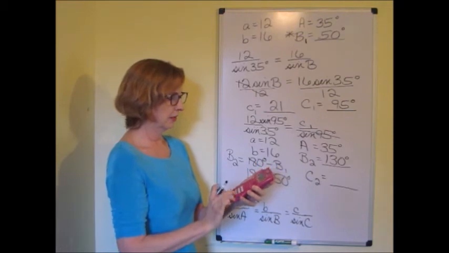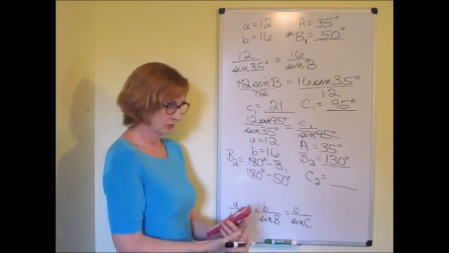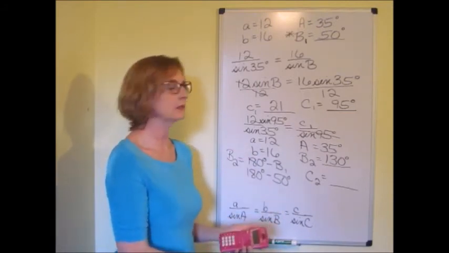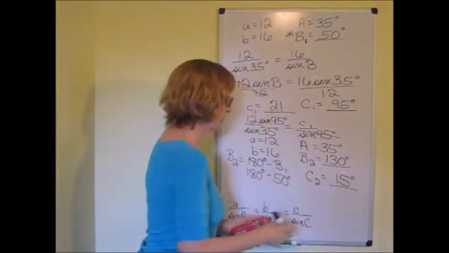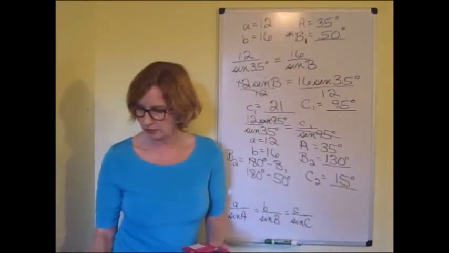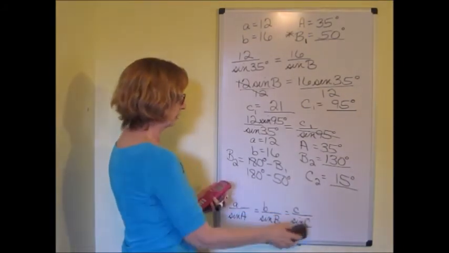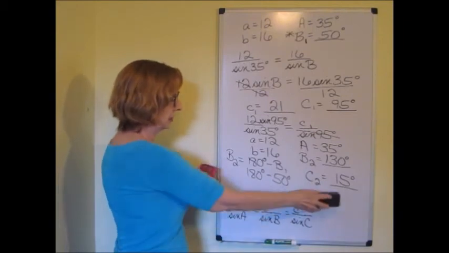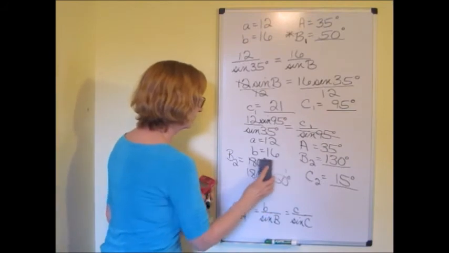And let's see what we get for angle C in the second triangle. I'm getting a 15. The angle's small, but at least it's positive. So 15 degrees, that makes sense. It's a small angle, but it is a positive angle. So I was able to get a third angle in this triangle.